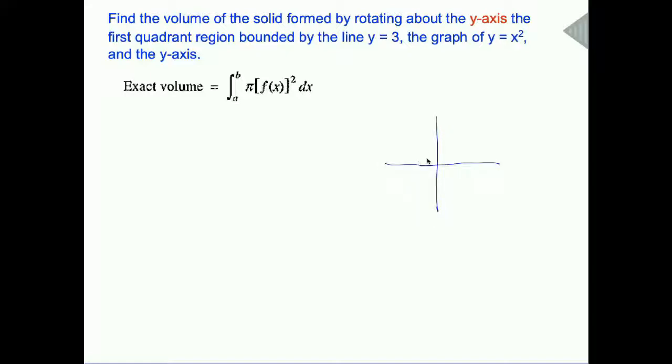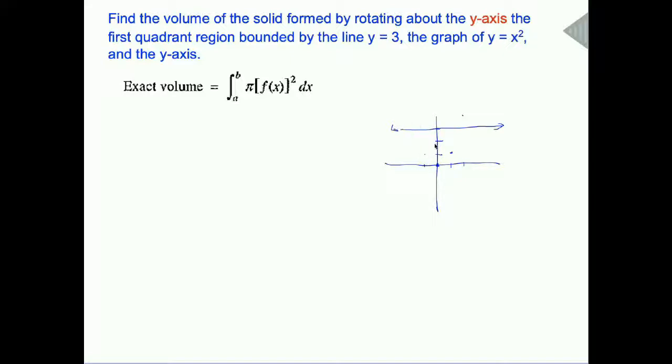Here's our x-axis and our y-axis. We want y equals 3: 1, 2, 3. We need this horizontal line to be one of our boundaries. Y equals x squared is a parabola, so it goes through (1, 1) and then (2, 4).